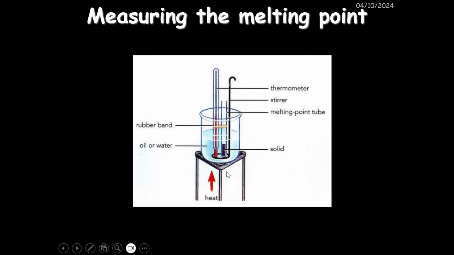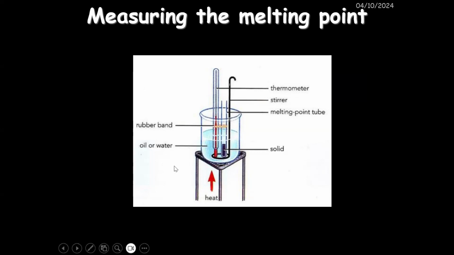For this experiment, to measure the melting point, we use this apparatus to record the heating curve, to record the rise in temperature and observe the effect of this rising on the state of the substance that we have.